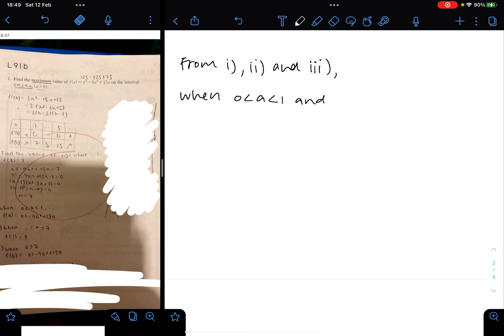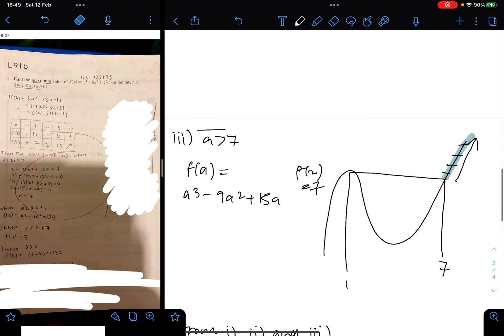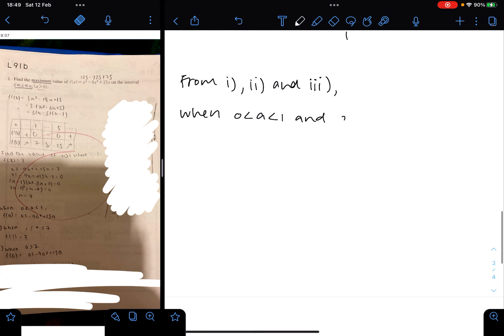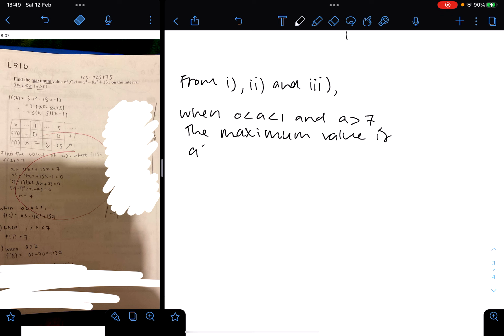And it is greater than 7, so this over here. The maximum value is a cubed minus 9a squared plus 15a at x equals a.